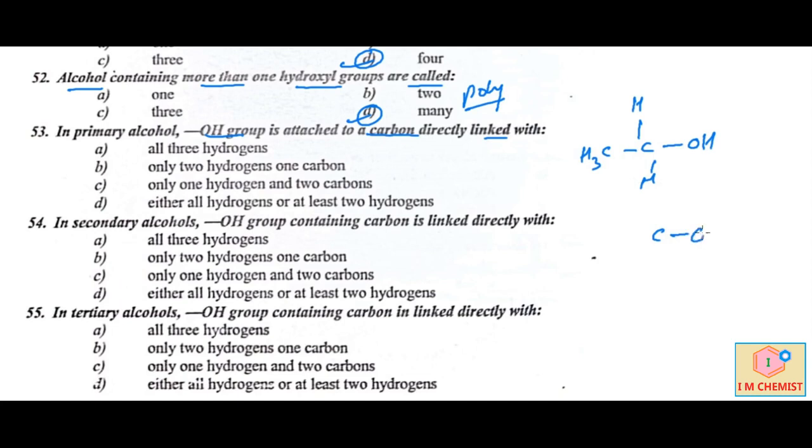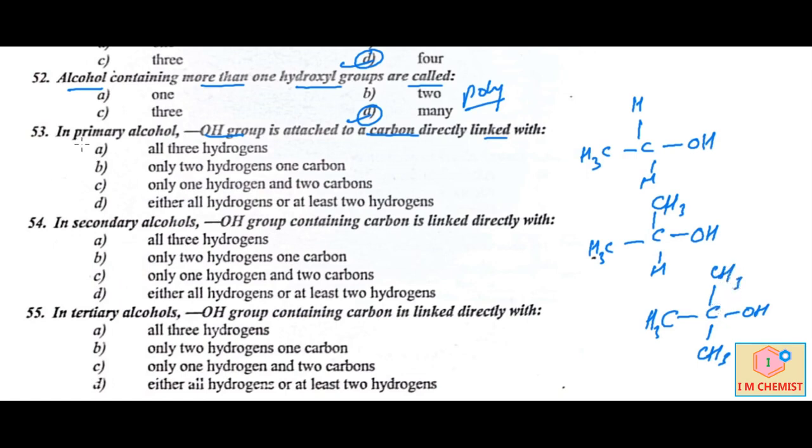While in case of secondary alcohol, this carbon that is directly linked with OH or hydroxyl group is further attached with another carbon atom. Hence it would be secondary alcohol. While in case of tertiary alcohol, this carbon which is attached with hydroxyl group, which acts as a functional group for alcohols, if this carbon atom is further attached with another carbon atom, then this would be a tertiary alcohol.